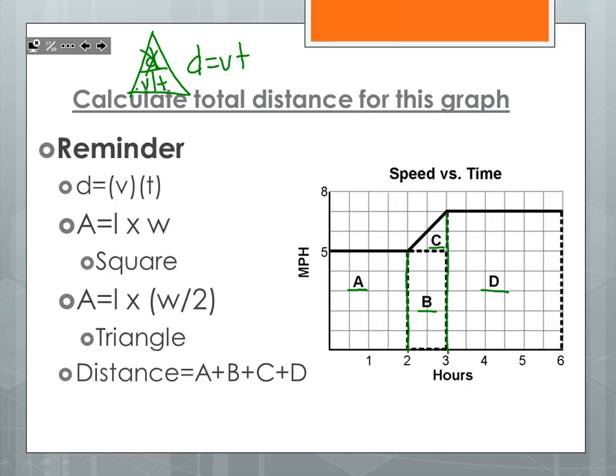But to find an area, it's not a trapezoid. I'm not 100% amazing at geometry, but I try my best. So I'm going to split this in 2 and make a triangle out of C. So I have a rectangle for A, a rectangle for B, and then my last area.